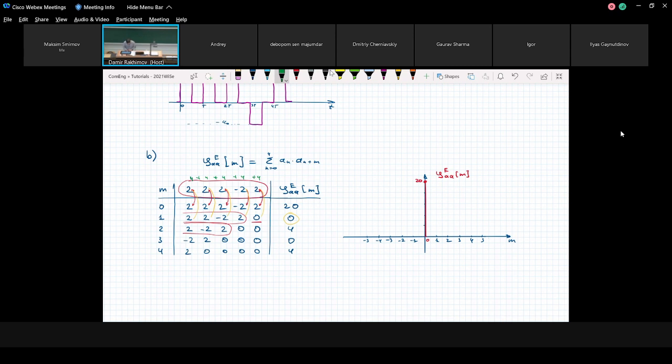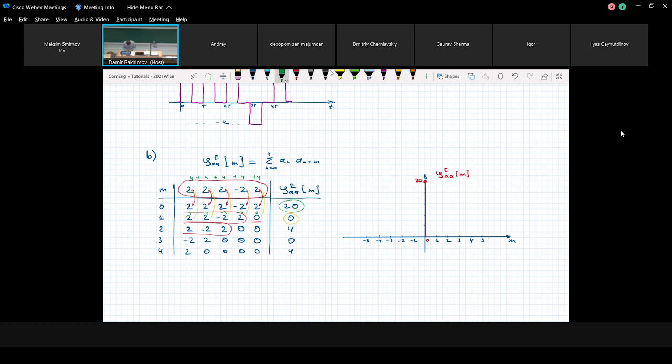It should be 4 times 5, and you get 20. For the second row, 2 times 2 is 4, 2 times 2 is 4, minus 2 times 2 is minus 4, minus 2 times 2 is minus 4, and the last product is 0.